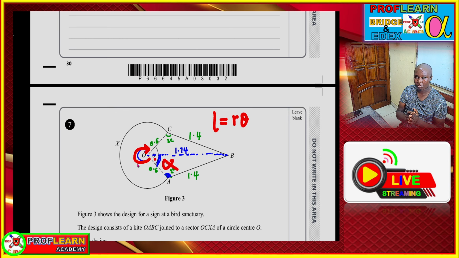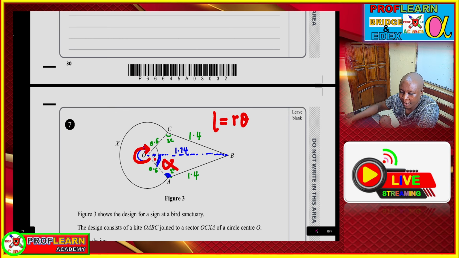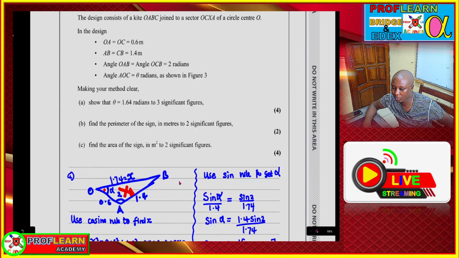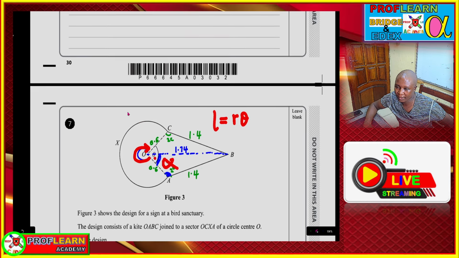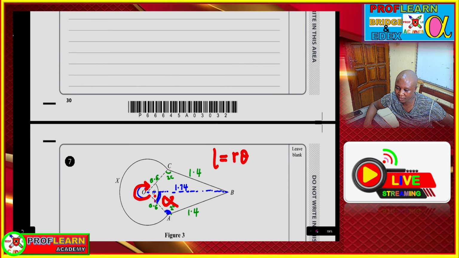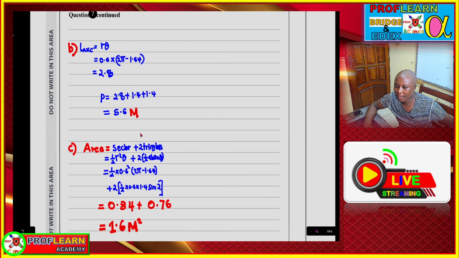because we have gotten theta is 1.64. But the arc length we are finding is the major arc, so we are going to take 1.64 and subtract it from 2 pi. So we say r is 0.6, because that's the radius of the sector, times 2 pi minus 1.64, and that gave me 2.8.